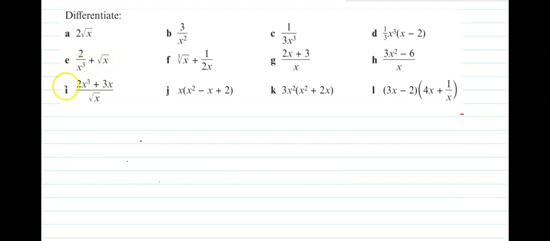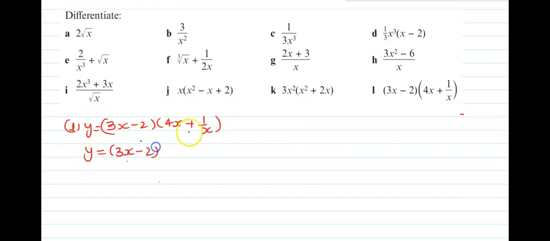Okay, so I'm solving the L part. It is (3x minus 2) times (4x plus 1 over x). Suppose this is y equal to. We'll use algebra here: 3x minus 2, and if you simplify, you can write 4x square plus 1 over x.